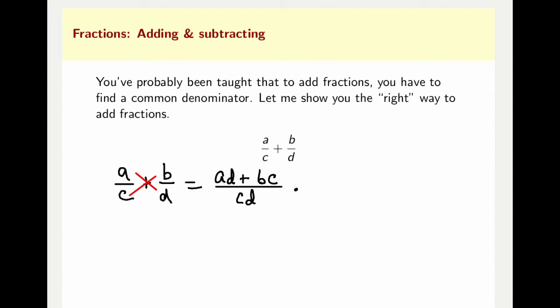And that's it. Cross multiply a times d plus b times c, all over the two denominators multiplied together. That's how you add fractions. Once that's done, then you reduce if you need to.